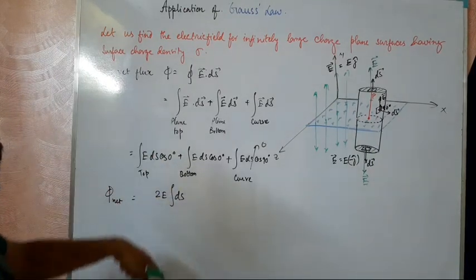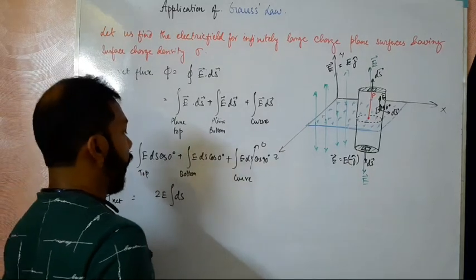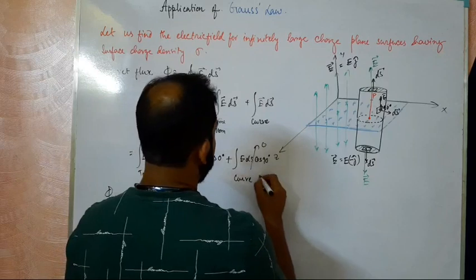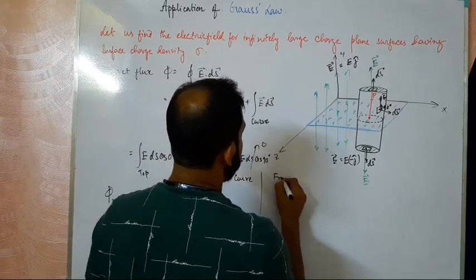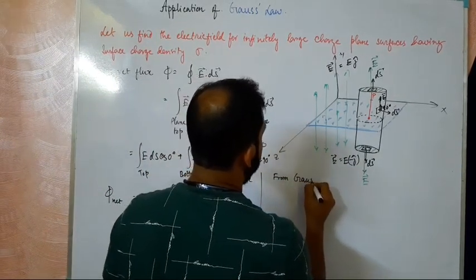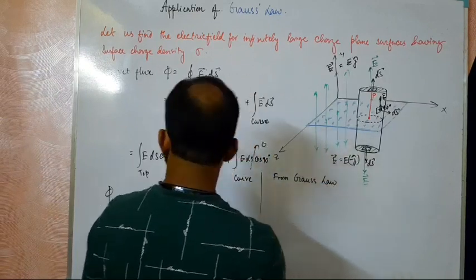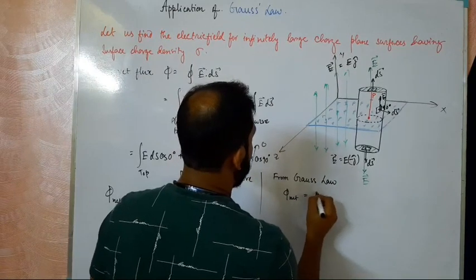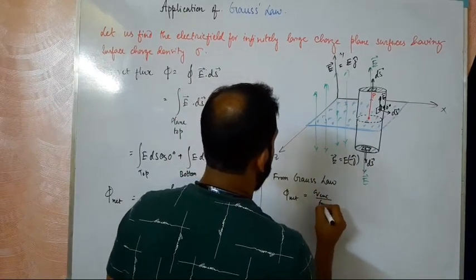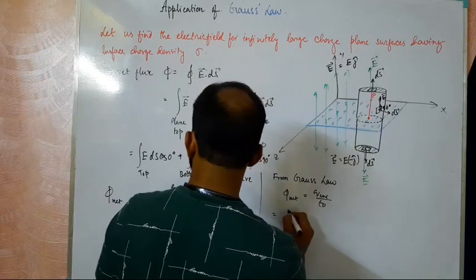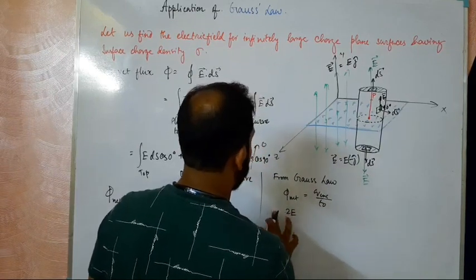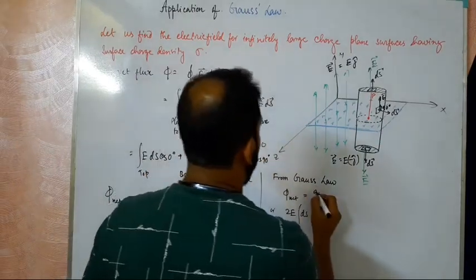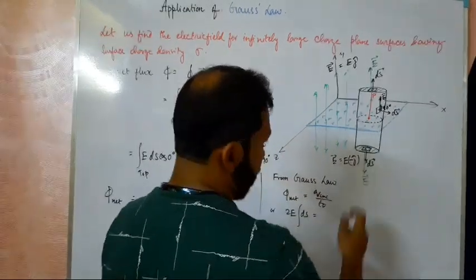Now writing this value of net flux in case of Gauss's law. From Gauss's law, we have phi net equals q enclosed by epsilon naught. That means 2E integration ds is equal to, now what is the amount of q enclosed by that surface?